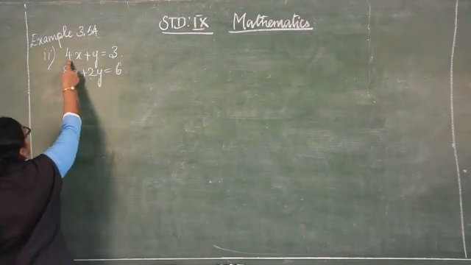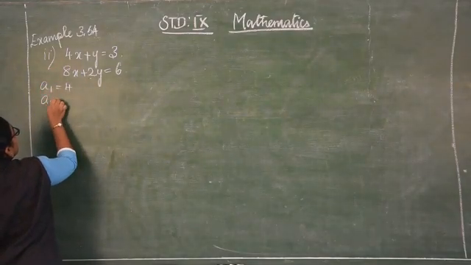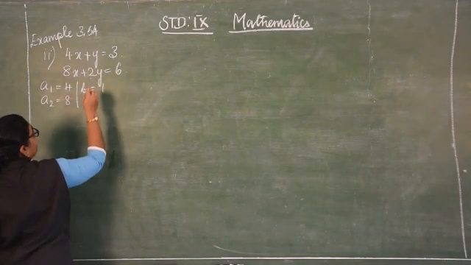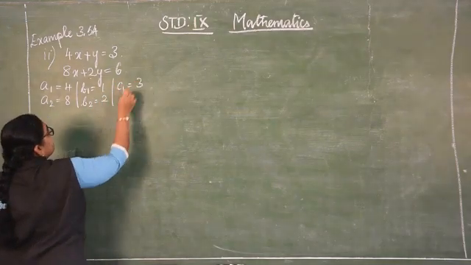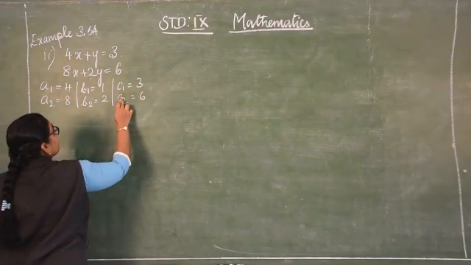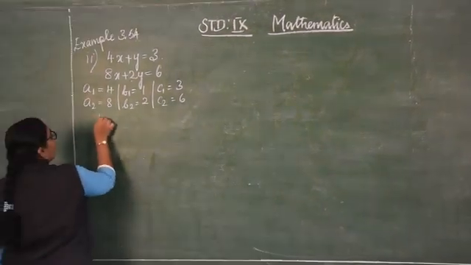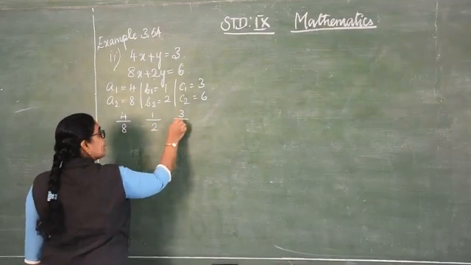Now a1 is 4, for your reference a1 is 4, a2 is 8. b1, if there is nothing, it will be considered to be 1, and b2 is equal to 2. c1 is equal to 3 and c2 is equal to 6. So as per our condition we are going to write 4 by 8, 1 by 2, 3 by 6.